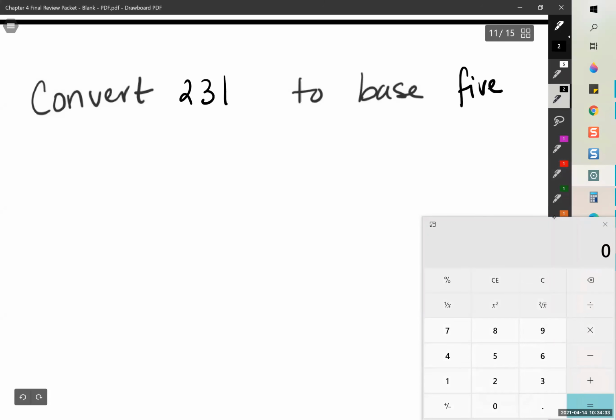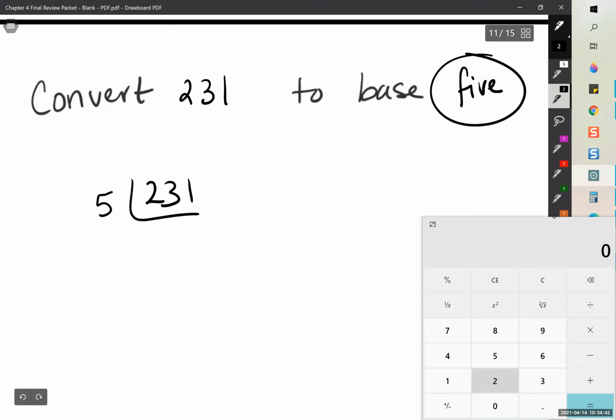So we know we're going from base 10 to another base. So we put the base 10 number inside the box, what we're trying to turn it into outside, and we start dividing.